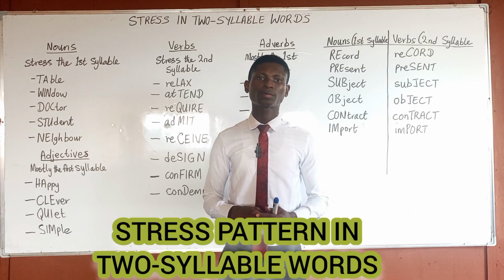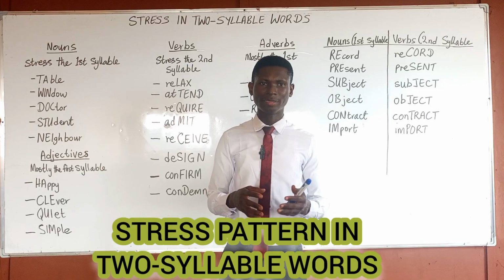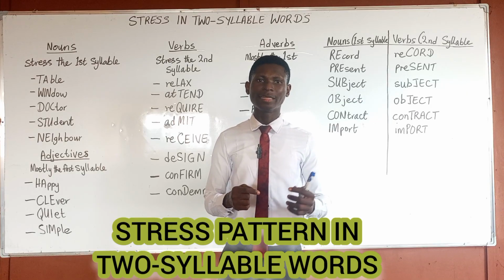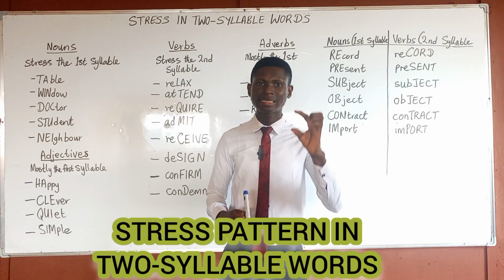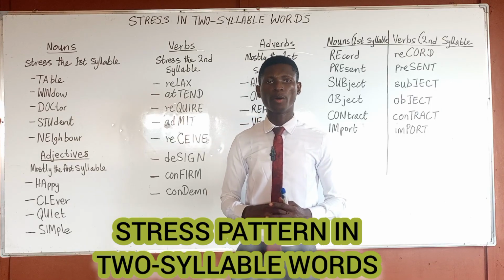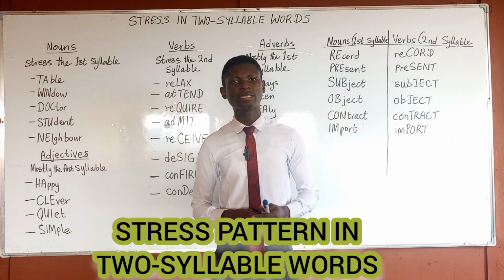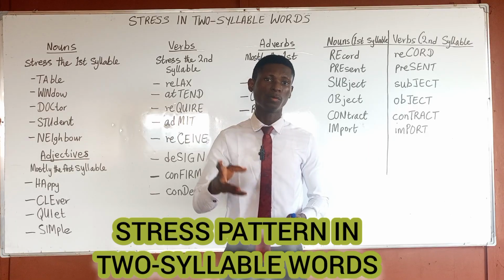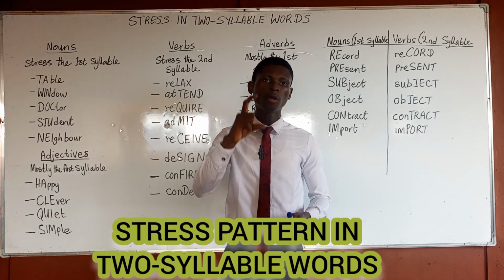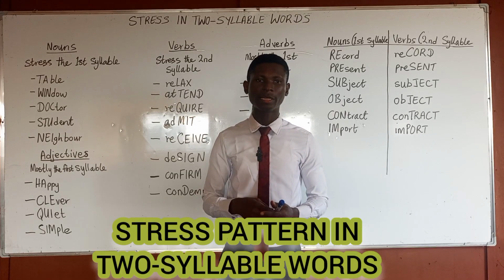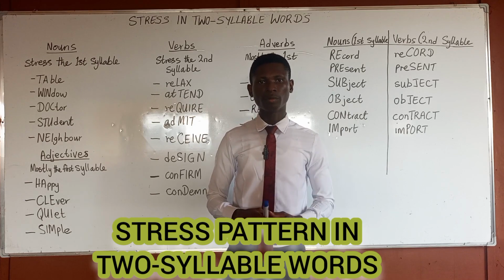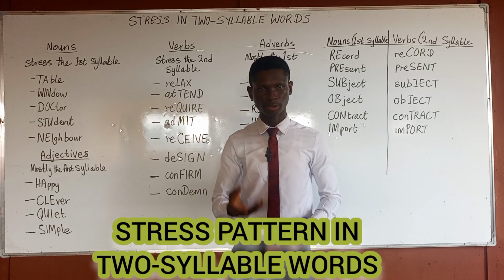All right, so stress pattern has to do with the audibility of a particular syllable of words. In other words, you have a word that is made up of two or more syllables. It is not all the syllables that will be stressed during pronunciation. So some syllables will be stressed while some will be unstressed.